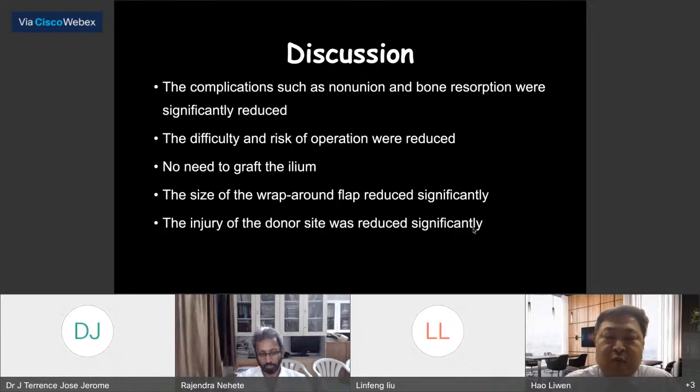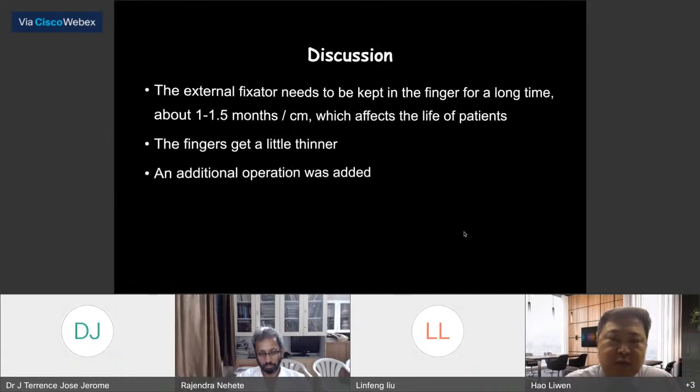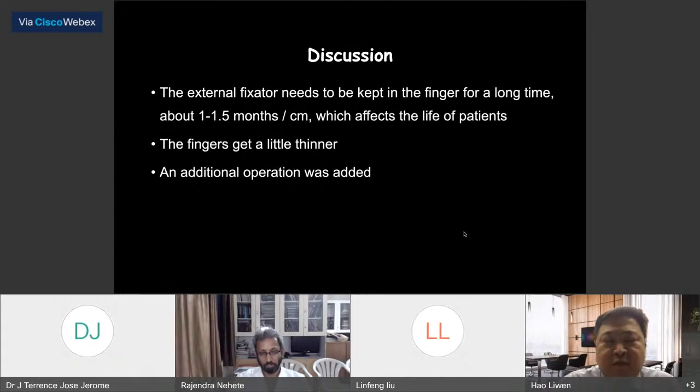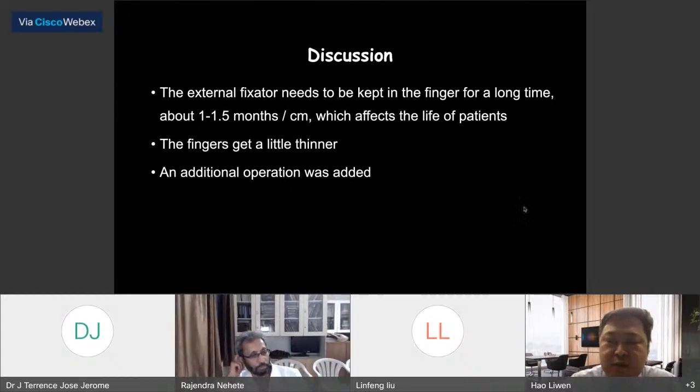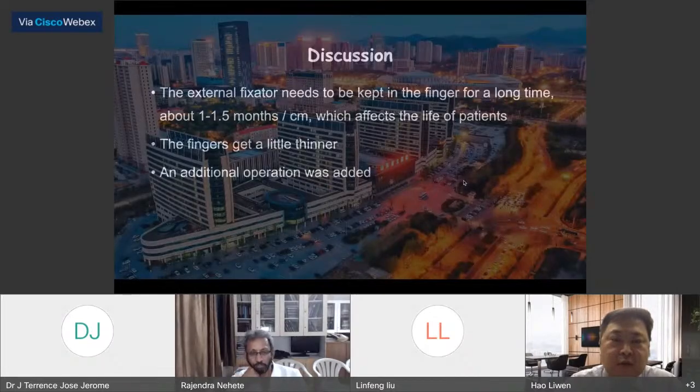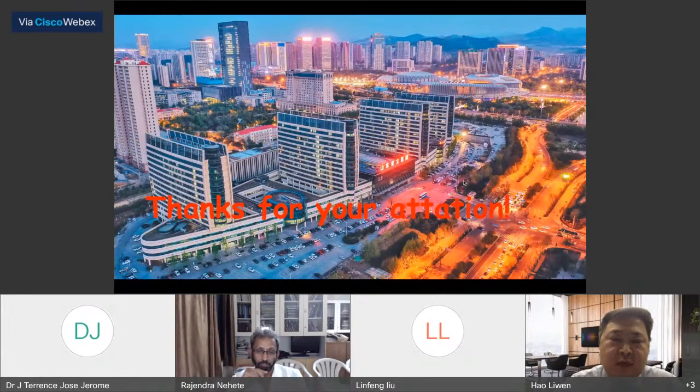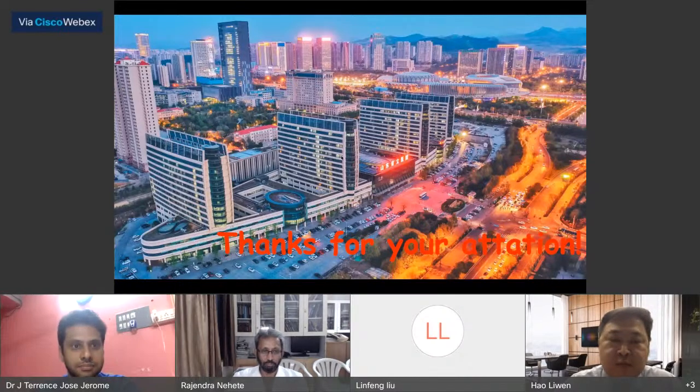The size of the wraparound flap was reduced significantly, but the external fixator needs to be kept in the finger for a long time, about 1 to 1.5 months per centimeter. And if we lengthen the finger too long, the finger gets a little thinner, and additional operation is needed. Thank you for your attention, and this is our hospital.